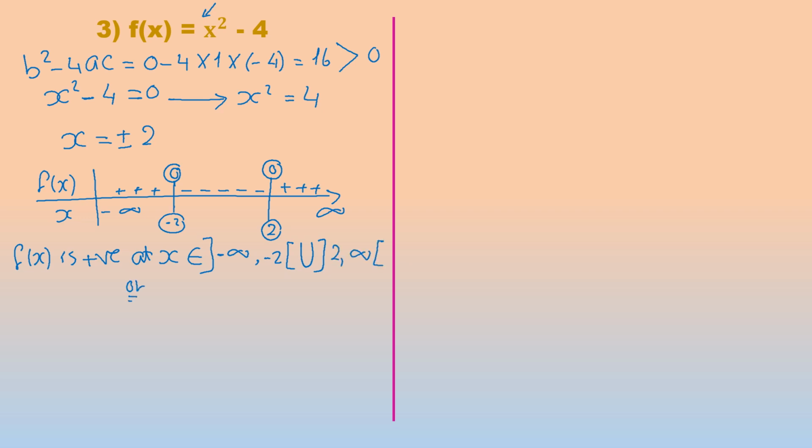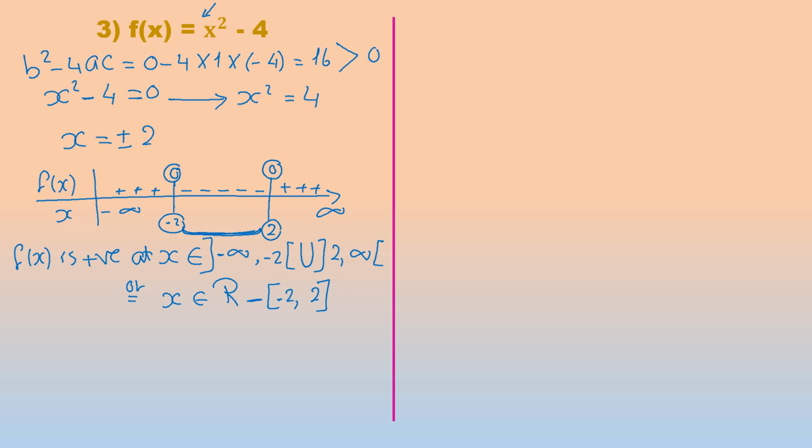Or we can write it as R difference this part, which is from negative 2 closed to 2 closed.